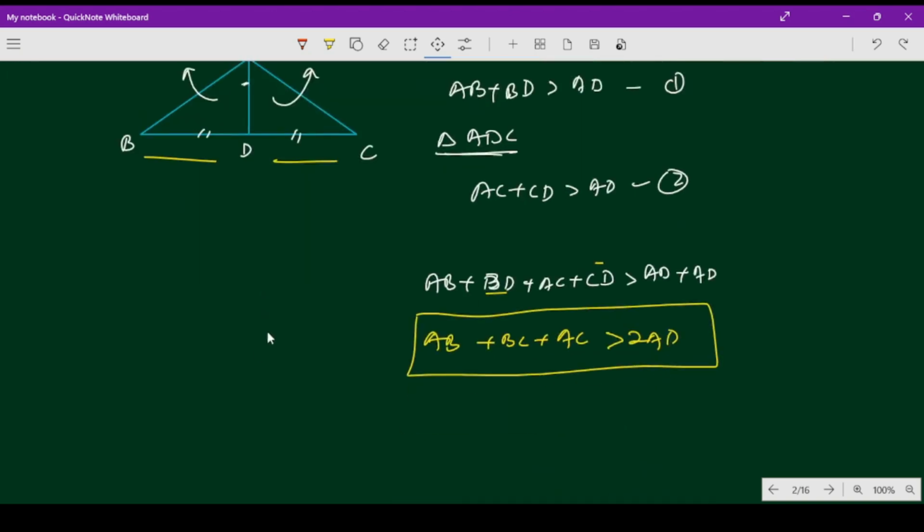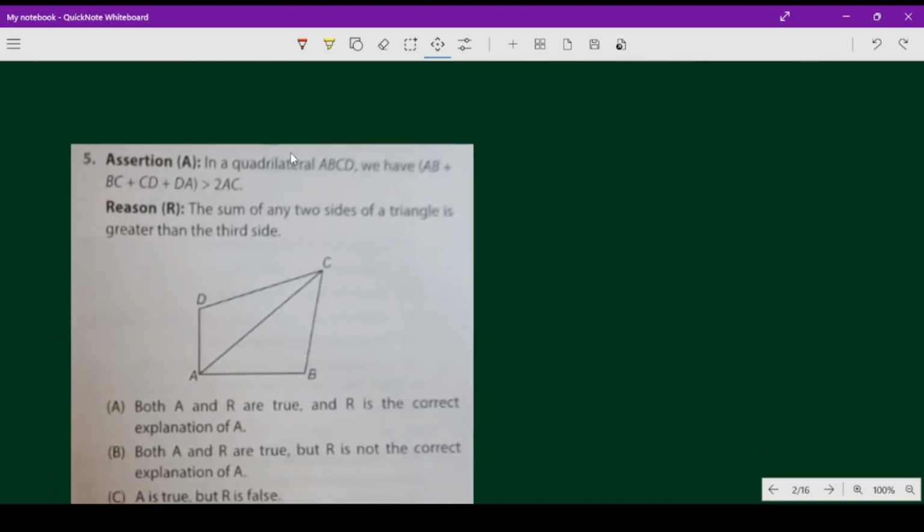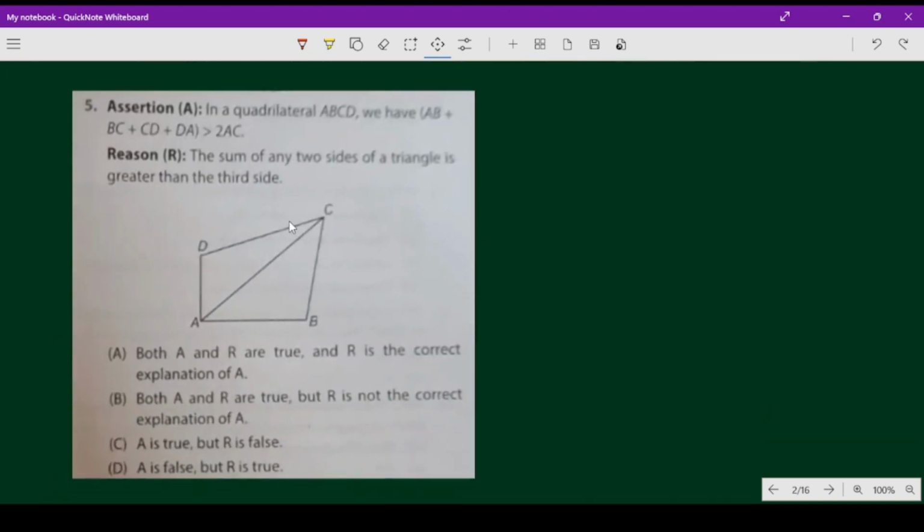We have another question based on assertion and reason. The assertion is given as: in a quadrilateral ABCD, the sum of the four sides is greater than 2 times the diagonal AC. So we just have to check this. ABCD is a quadrilateral in which the diagonal AC is given.